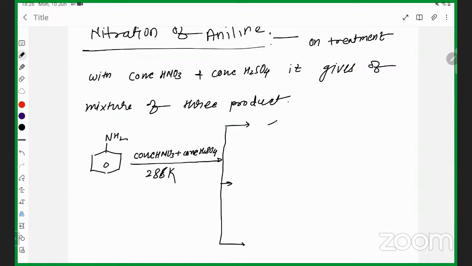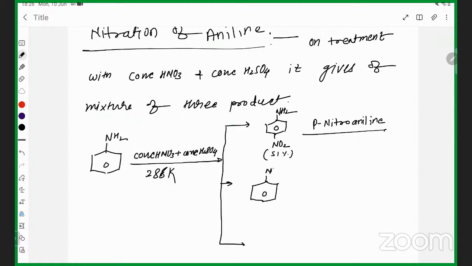The first one is para nitroaniline. This is the maximum percentage, NH2 here and NO2 there, 51%, and this is called para nitroaniline. Another is the meta isomer: this is NH2, this is NO2, and this percentage is 47%.